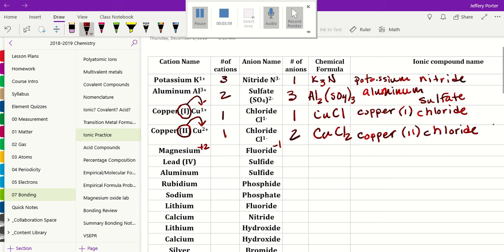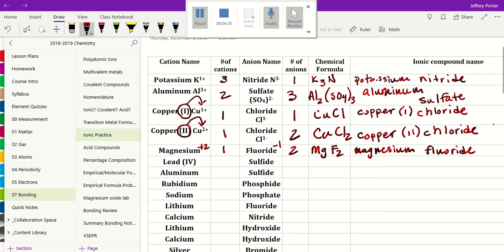So, how many of each do I need? 1 magnesium, 2 fluorides. What's your formula? MgF2. What's your name? Name your cation, name your anion. Magnesium fluoride.